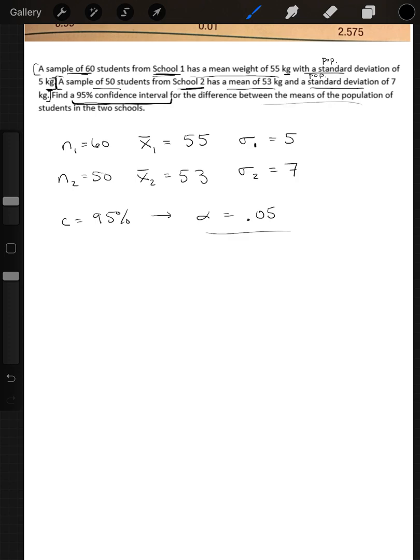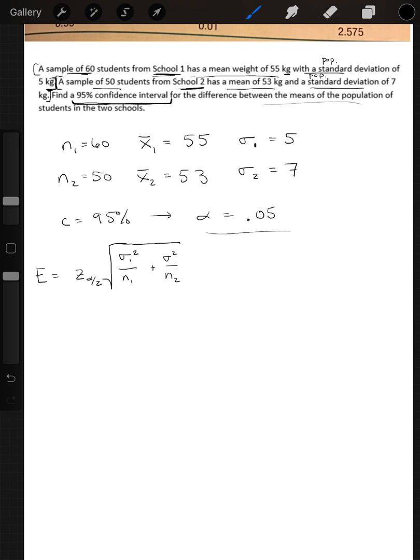Okay, so for the difference of means, that tells us that we're in this section. So we need to look at E. That's going to be Z alpha over 2 times the square root of, let me write it out first, sigma 1 squared over N1 plus sigma 2 squared over N2.